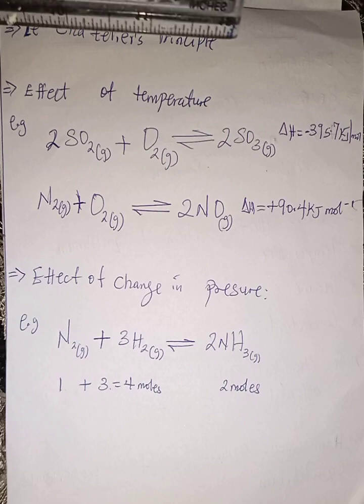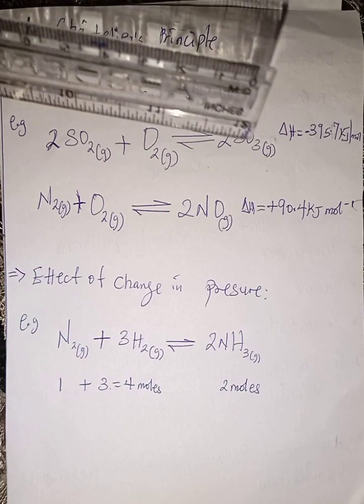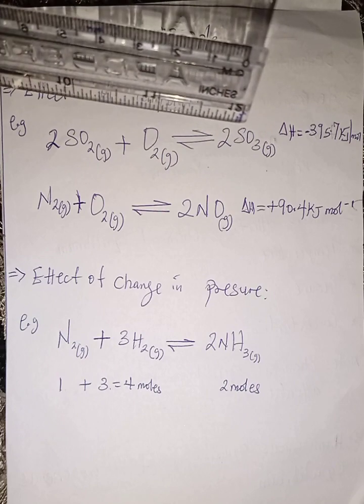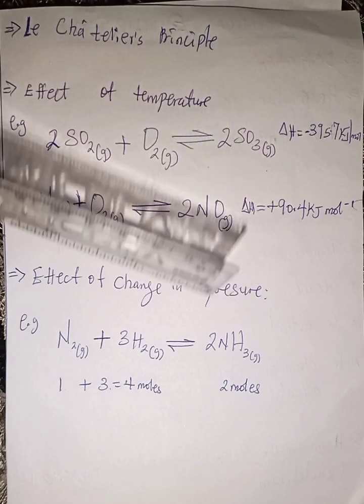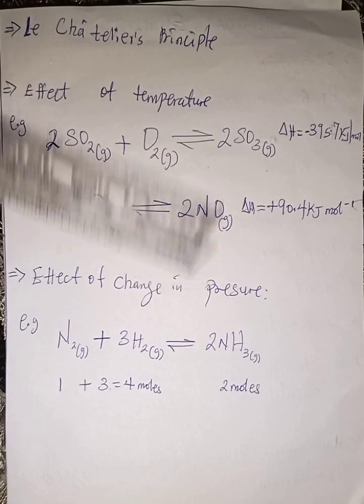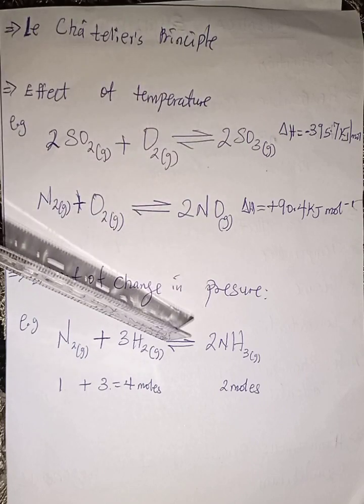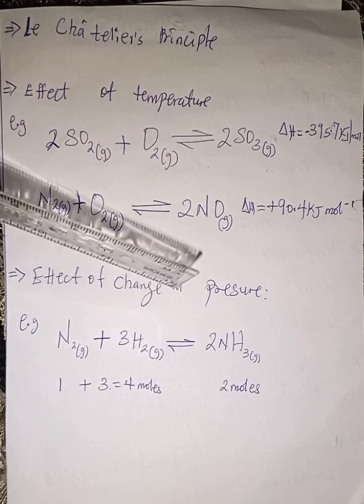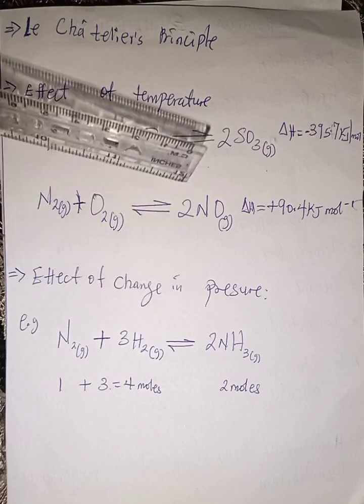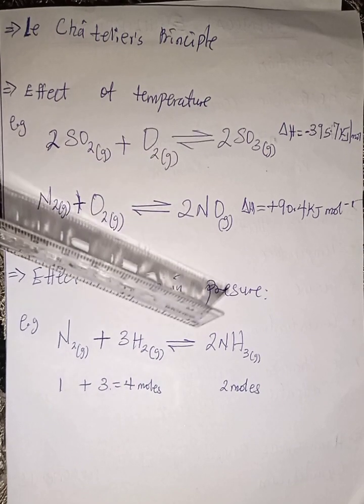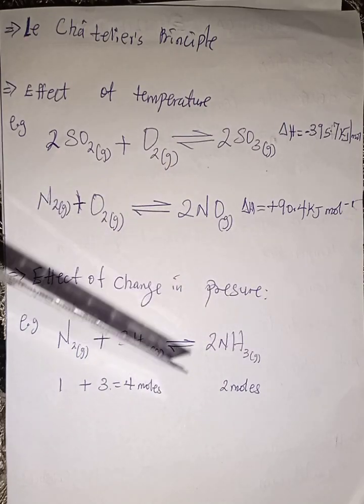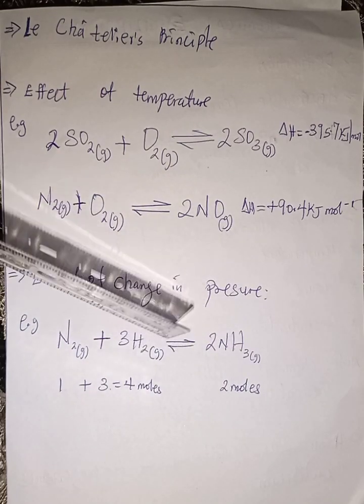Now, one thing you should also note about effect of pressure is that pressure will only affect reactive species that are in gaseous state. So we only take the concentration of gases here. Any other thing like solid or liquid, we will ignore them when we are looking at effect of pressure.